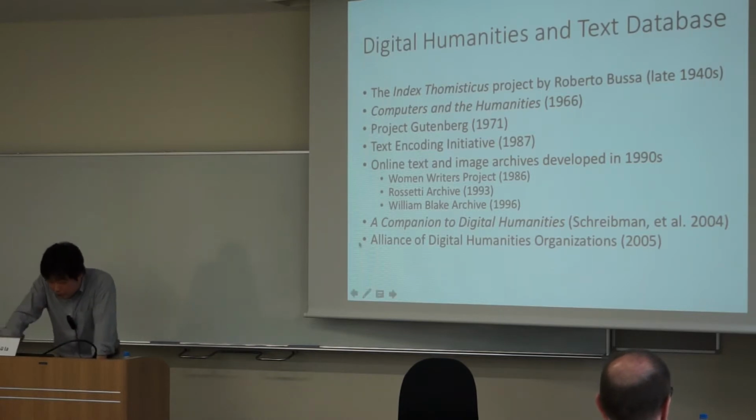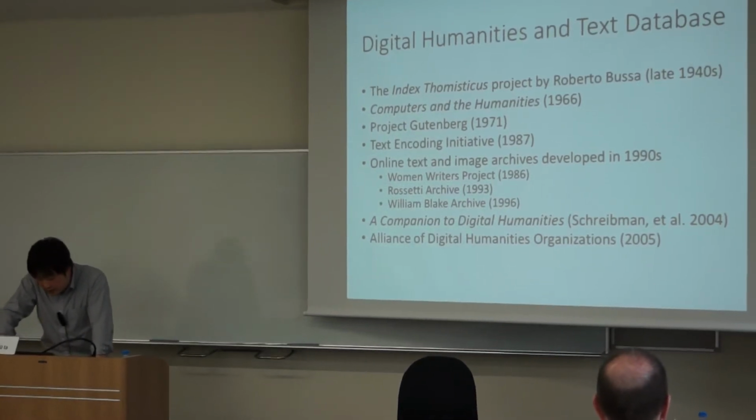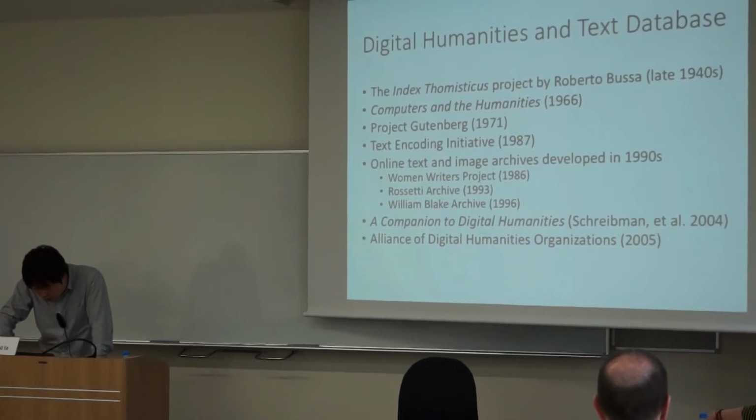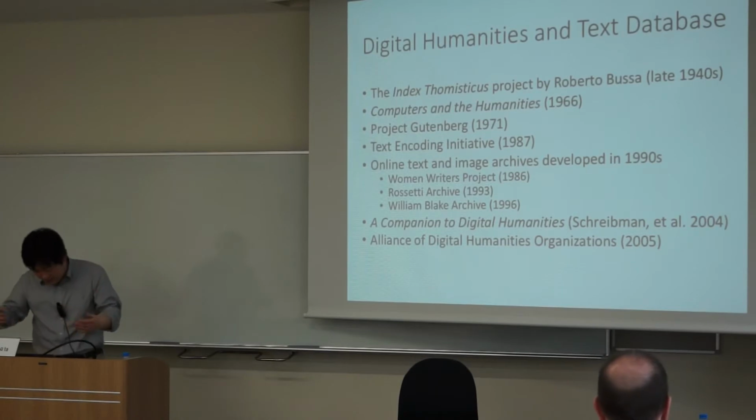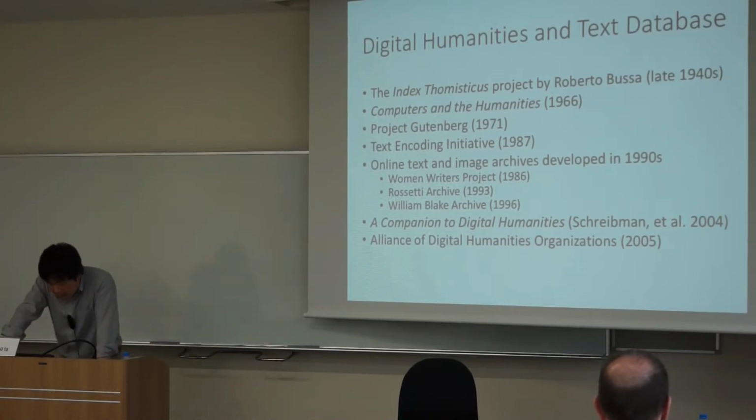However, it has a long prehistory. The very first use of a computer for humanities studies was the development project of the Index Thomisticus. Maybe my pronunciation is wrong. It's a complete corpus of the works by Thomas Aquinas.